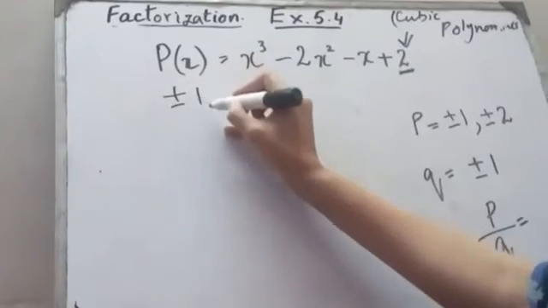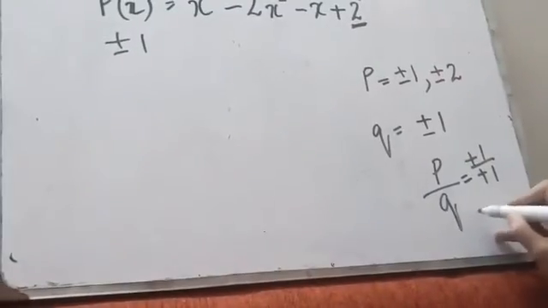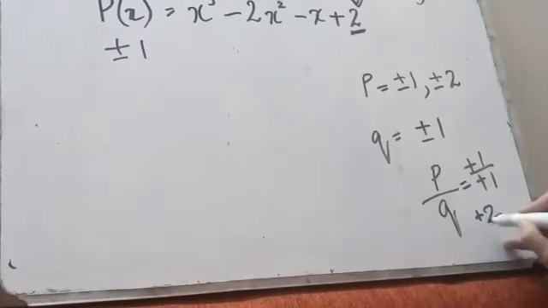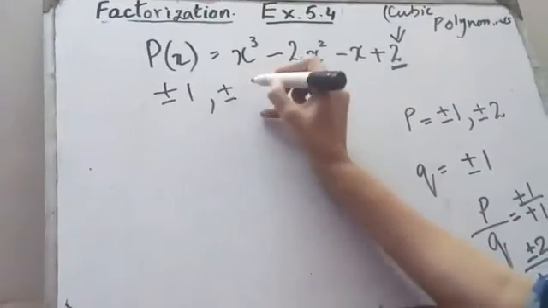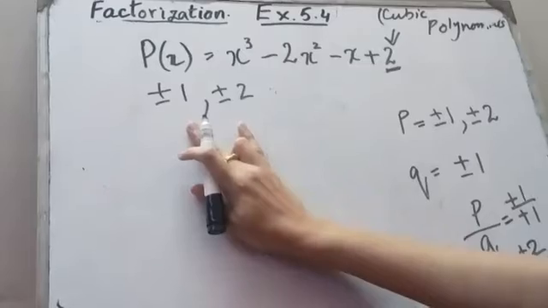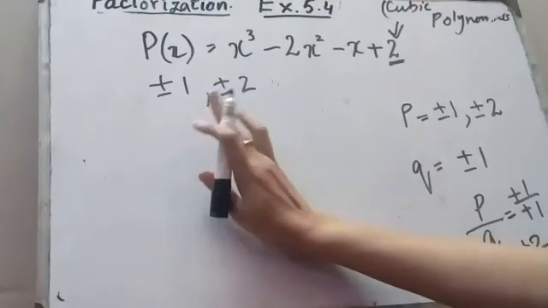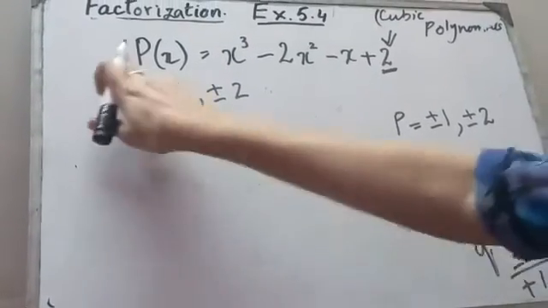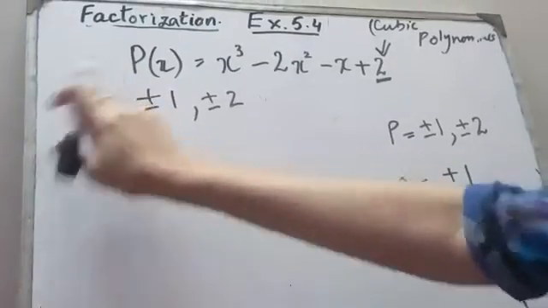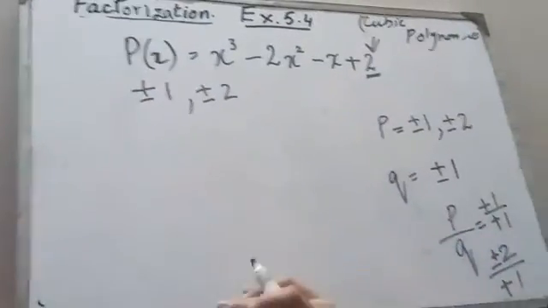Again plus minus 1. Similarly, when plus minus 2 is divided by plus minus 1, what do we get? Plus minus 2. So collectively these are 4 values: plus 1, minus 1, plus 2, minus 2. We will put these values in this polynomial turn by turn, and then we will see whether the remainder is 0 or not.